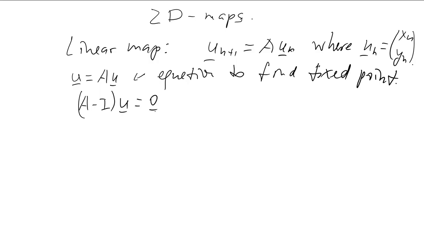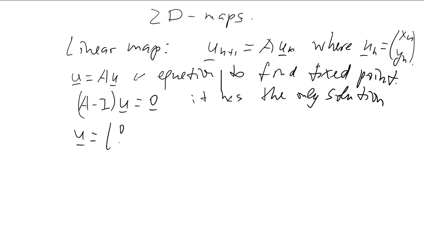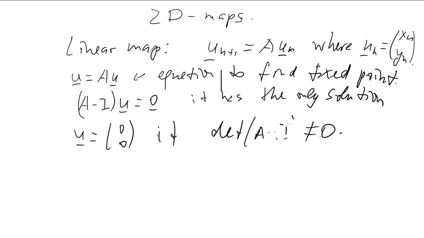And it has the only solution, which is u equals 0, 0, if the determinant of this matrix A minus I is not 0, if this matrix is not singular. And from here, eventually, it can be derived.